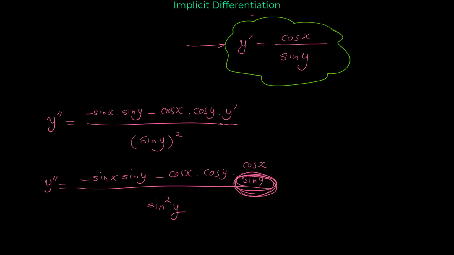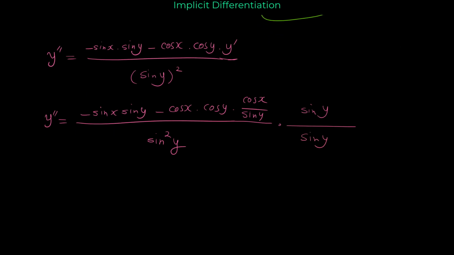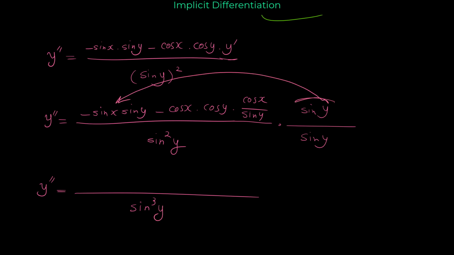and to get rid of that, we can simply multiply the numerator and denominator by a sine y. And don't forget to multiply sine y in the denominator. Then y double prime is, the denominator is sine to the 3y. If we multiply this by this, then we have negative sine x sine to the 2y.